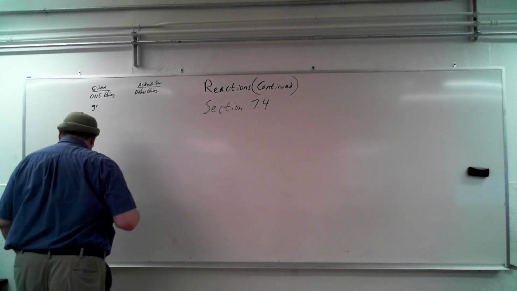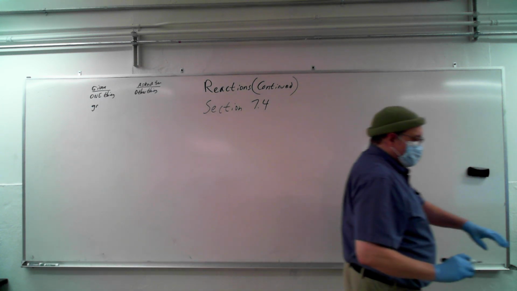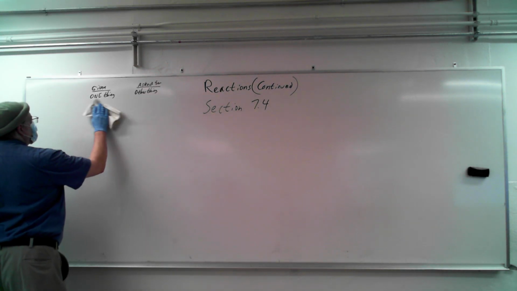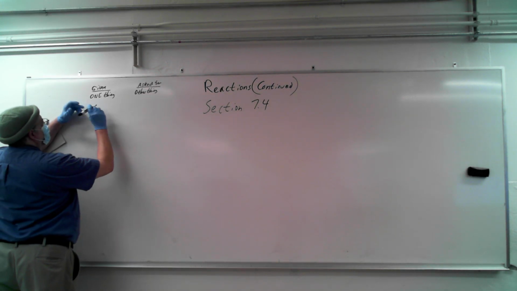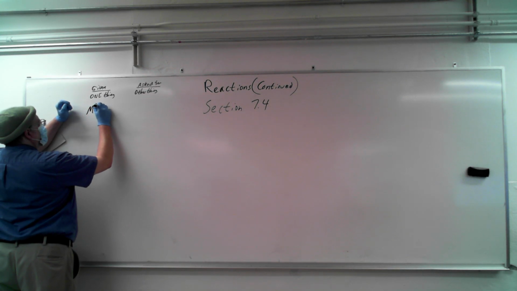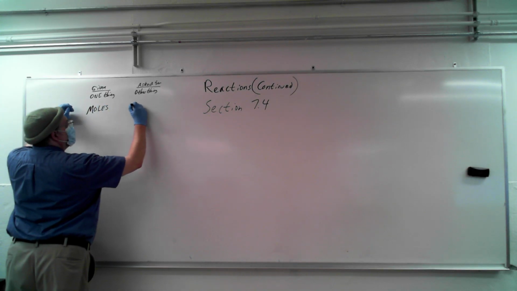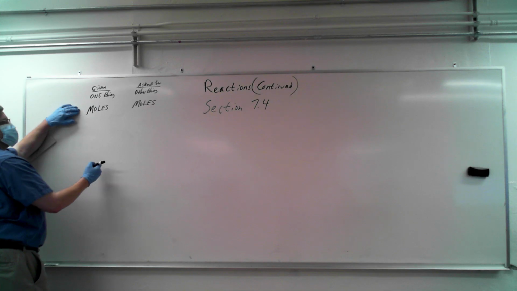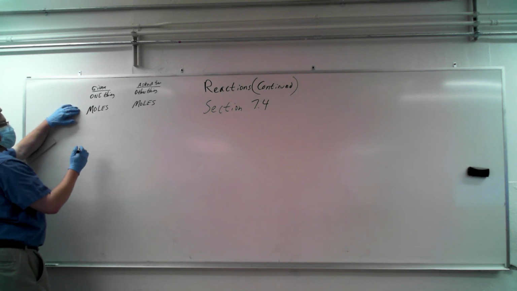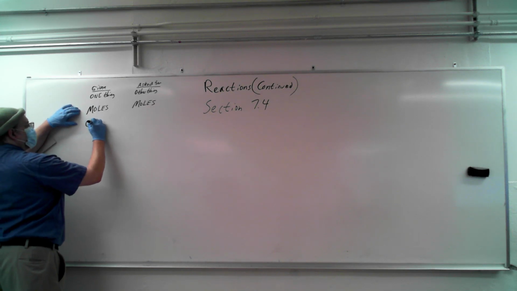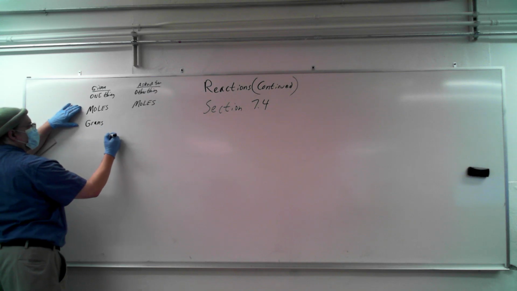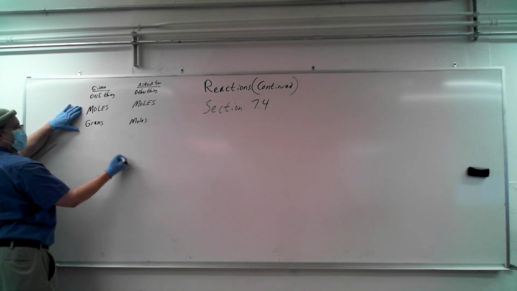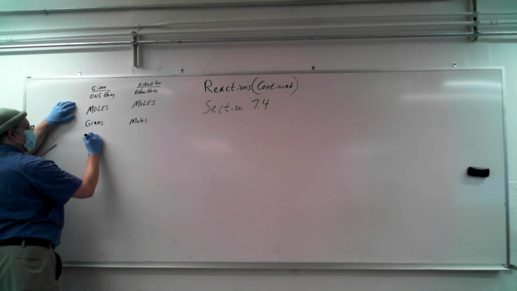We start with the easiest one. Either given moles of one thing and ask for moles of another thing. That's the shortest, easiest type of these problems. You might be given grams of one thing and ask for moles of another thing. Or flip that around.